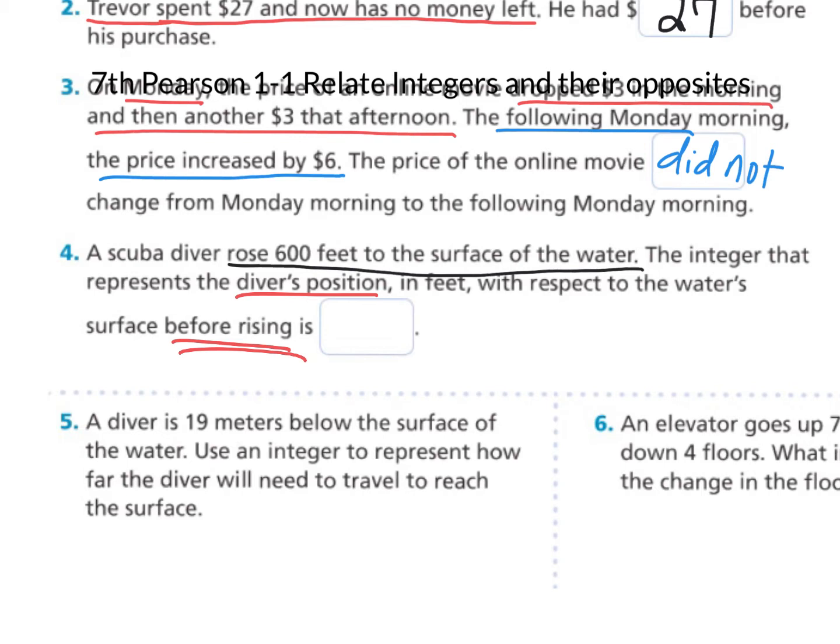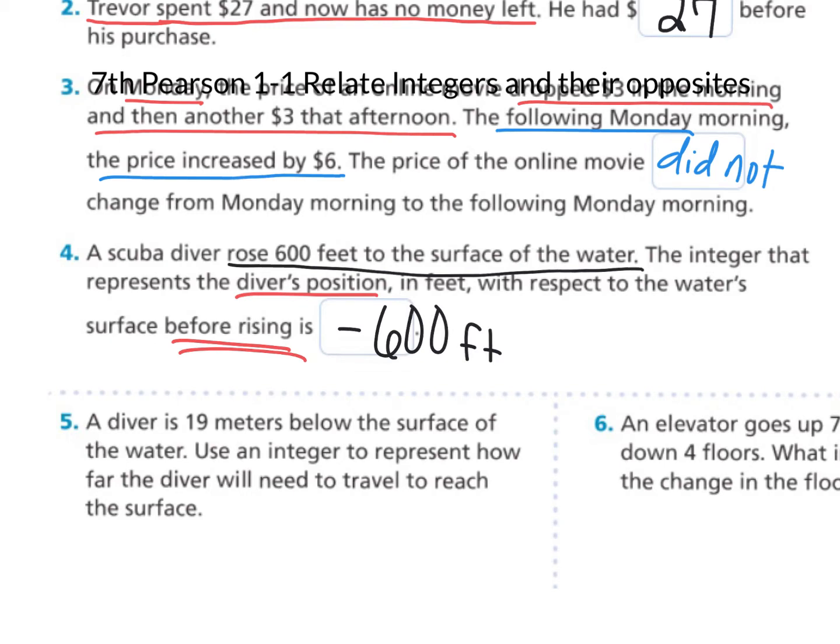So where was the diver before they started rising? For this, we're going to consider, again, that sea level, the water level, is 0. Below the water is going to be negative. Above the water is going to be positive. So they started out below the water, so they're in the negative. So their starting position would be -600 feet.